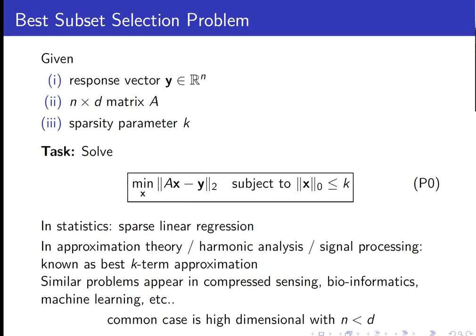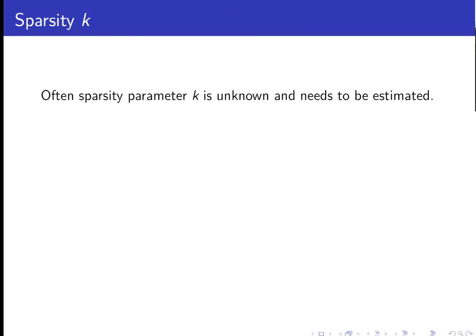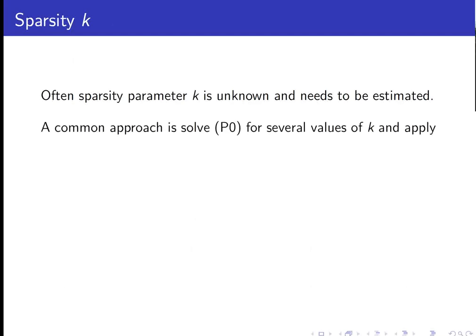Of course, the common case is high dimensional. It's when you measured few observations, n is small, and the dimension of the vector x is large. All right. Typically, the parameter k, how sparse is your vector, is not a priori known. It needs to be estimated. There are many different methods to do so.